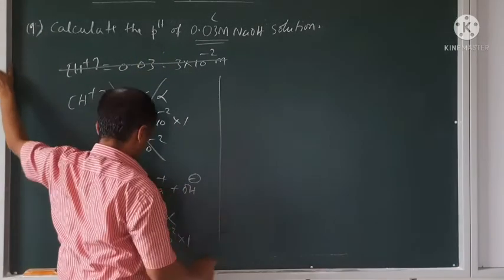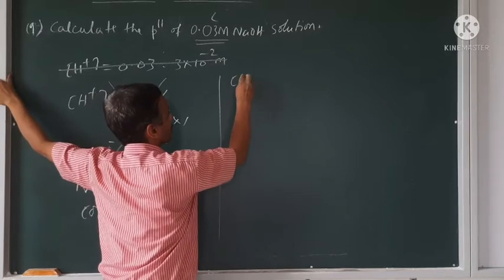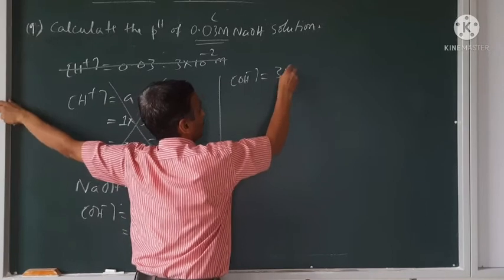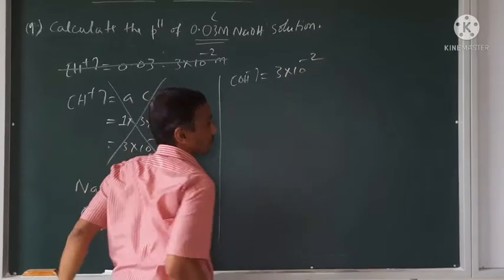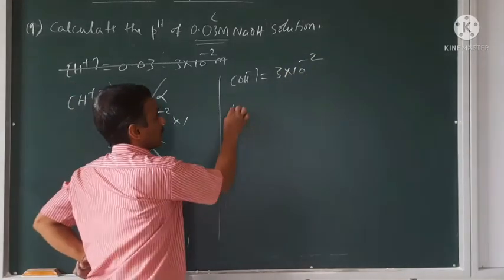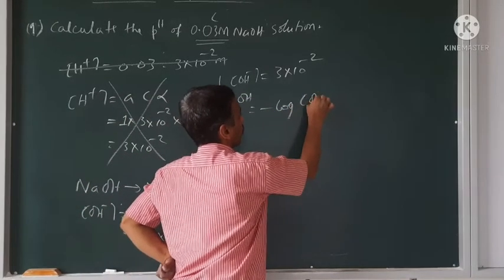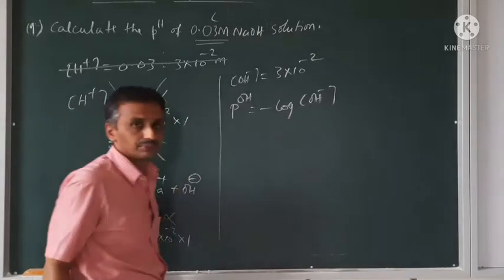So OH minus concentration is equal to 3 into 10 power minus 2. Then pOH is equal to negative logarithm of OH minus concentration.